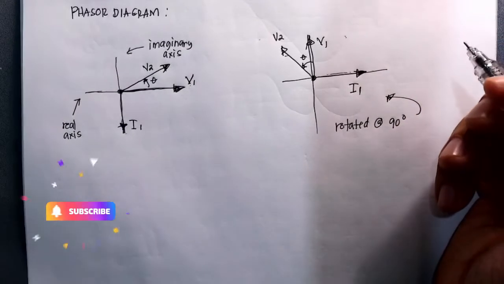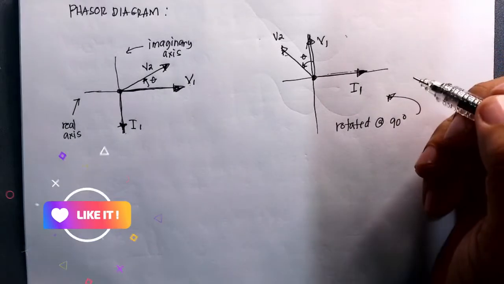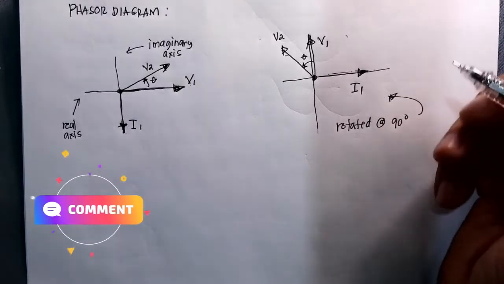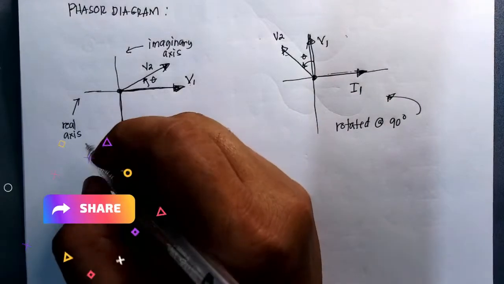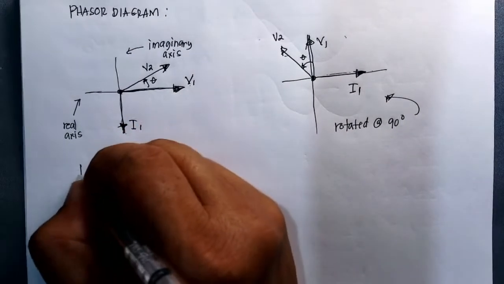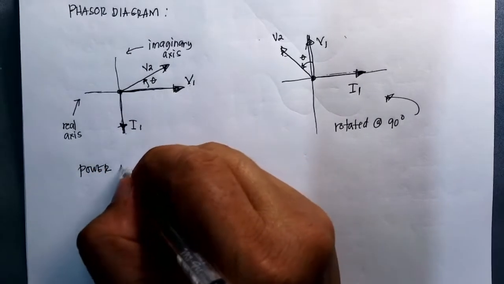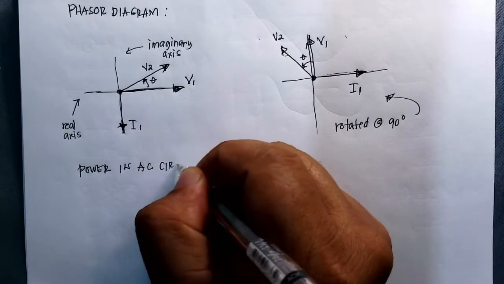And now we also have the power in alternating current. This is another topic in AC circuits.